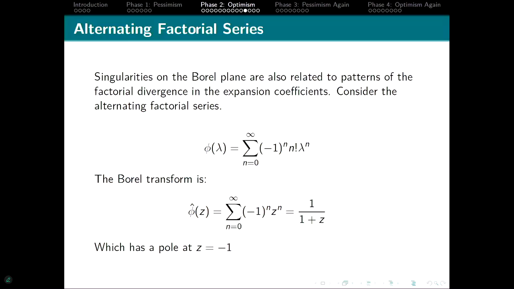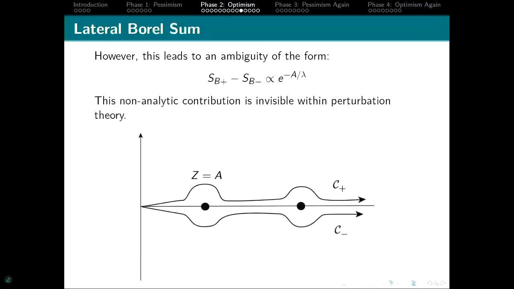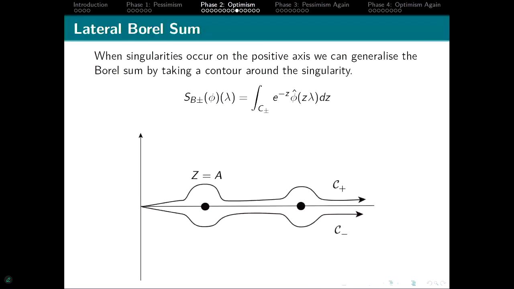So it has a pole on the negative axis of the Borel transform. So the Borel sum integral should be well defined for that kind of series.